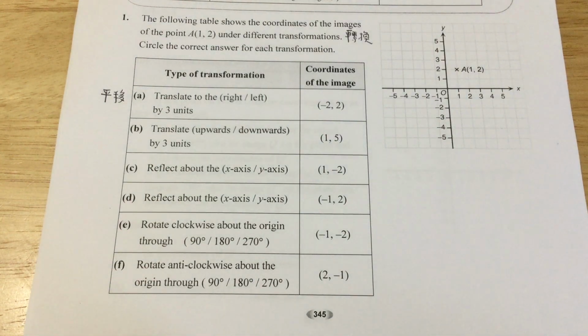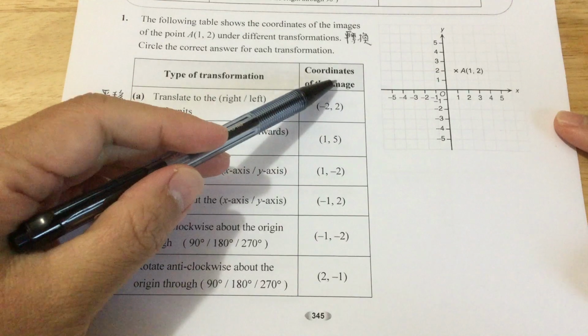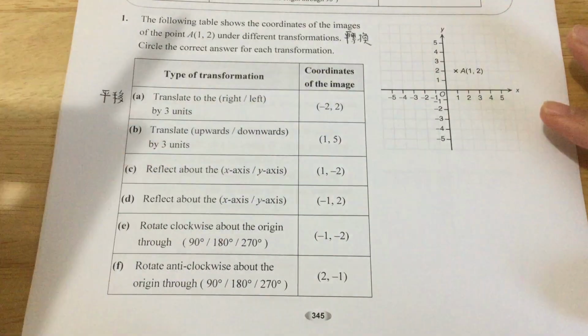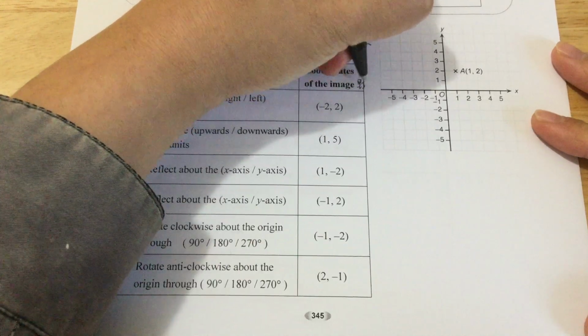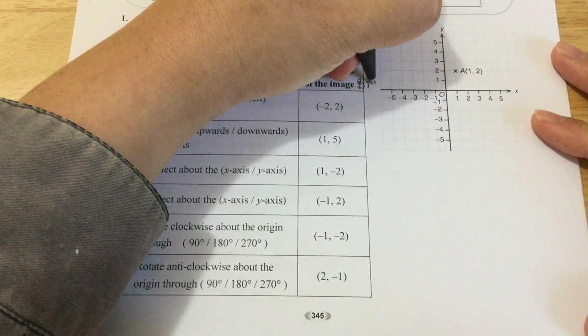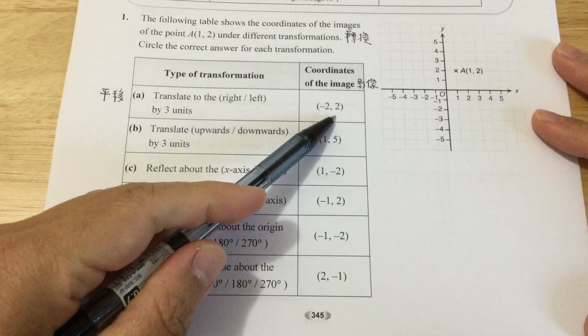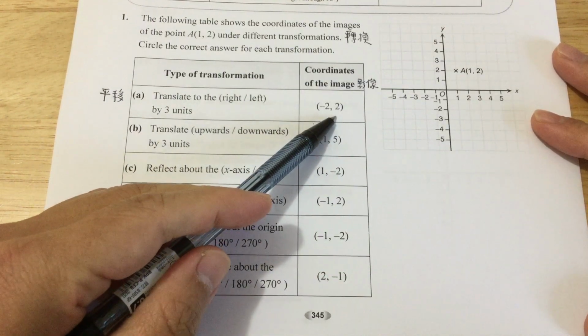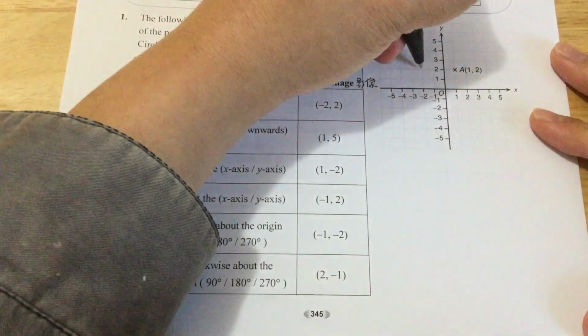So let's look at the question. Part A. We found the image. That means 影像 in Chinese is -2 and 2 finally. So let's look at -2 and 2 and we mark it here.